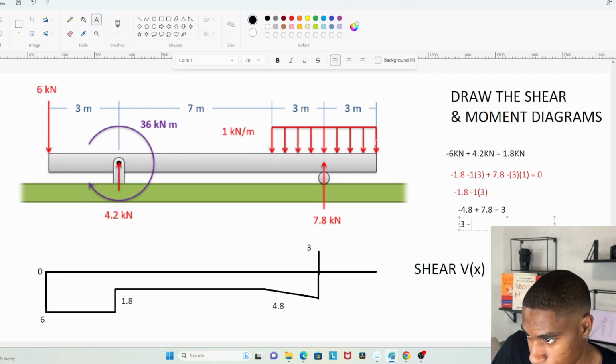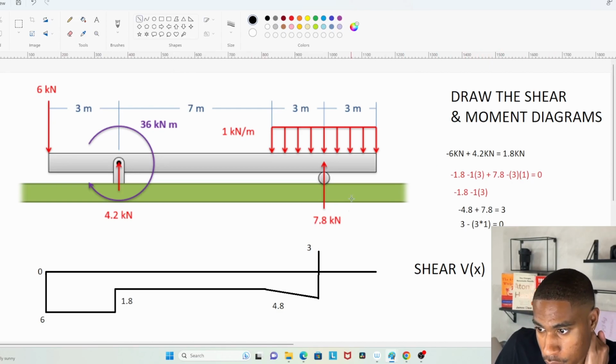So 3 times 1, the rest of that distributed load, which is equal to 0, which is what we know we got from the long equation, but this is how it should be drawn.